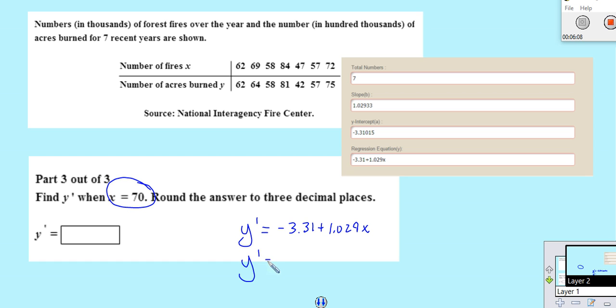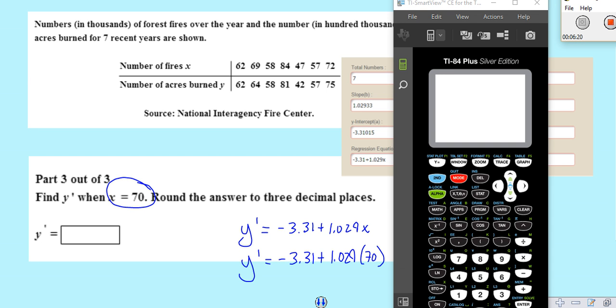So y prime is equal to negative 3.31 plus 1.029 times 70. I'm going to hit pause, grab my calculator. Negative 3.31 plus 1.029 times 70.